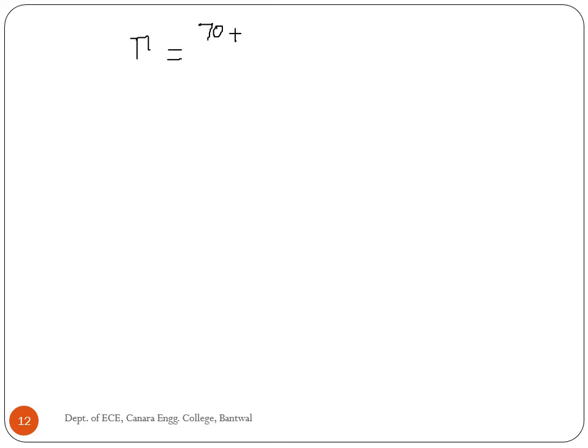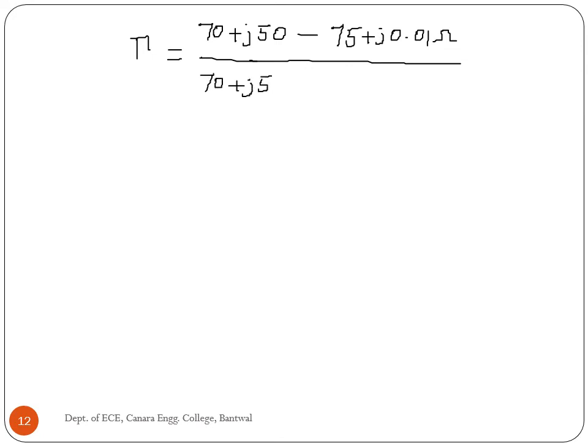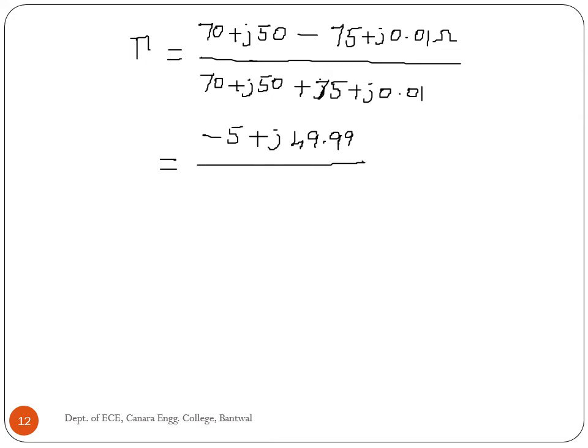ZL is 70 plus J 50 minus Z0, which is 75 plus J 0.01 ohm, divided by ZL plus Z0, 70 plus J 50 plus 75 plus J 0.01, which is equal to, after subtracting, minus 5 plus J 49.99 divided by, after addition, 145 plus J 50.01.